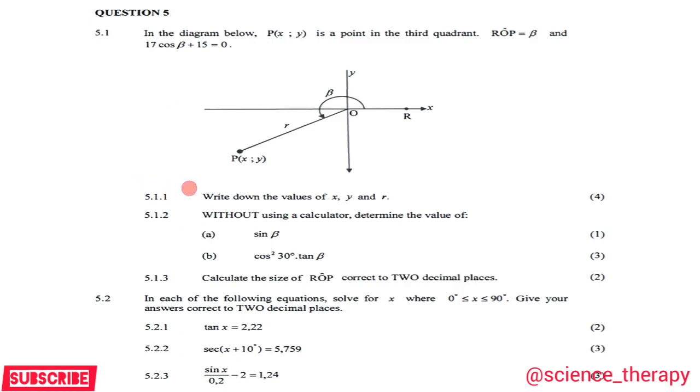Now for the last one, we have 5.2.3, and then we are given sine x over 0.2 minus 2 is equals to 1.24. Let's tackle that one. Remember, with this what you want is to isolate the trig ratio on the left hand side.